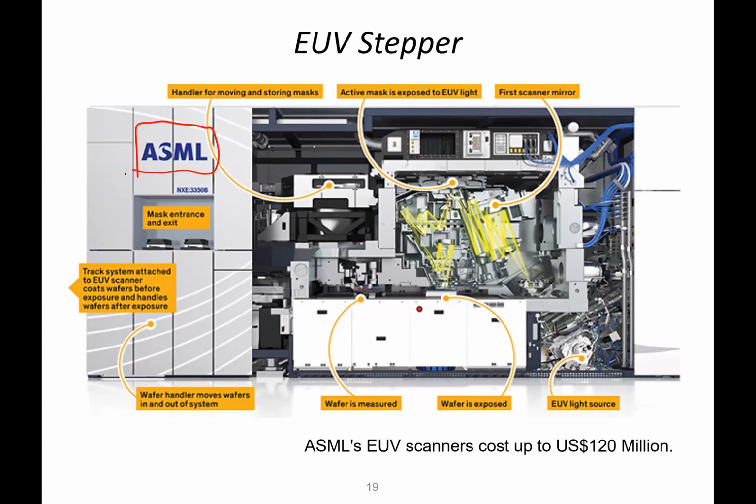This is ASML, the company. This is the only company that provides this extreme UV scanner. This is actually the image. When you look at this, the extreme UV light source is here, and then it goes to mirrors, then projection mirrors, and eventually the wafer is placed here. Through this complex passage, these mirrors give the light onto here.